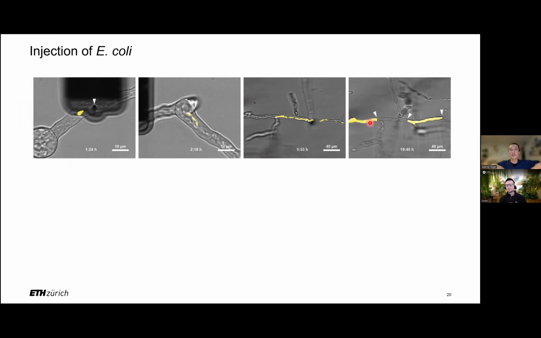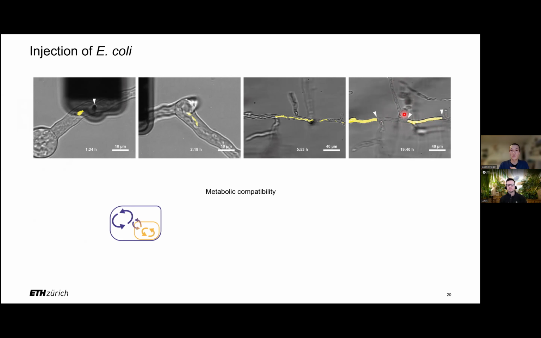So the E. coli could still colonize relatively long stretches of hyphae, but there were some areas where it started to completely kill the fungus. In this area where it's all E. coli, the fungus doesn't survive. But there were also areas of the fungus that were completely bacteria-free, and these grew super happily.